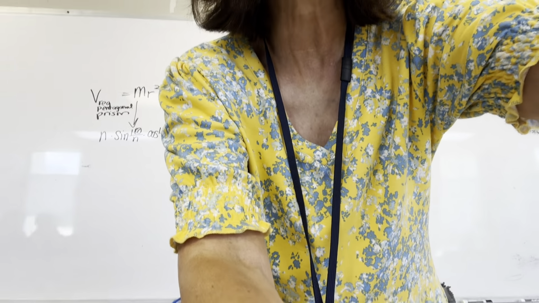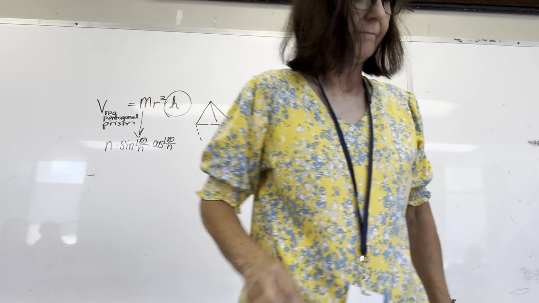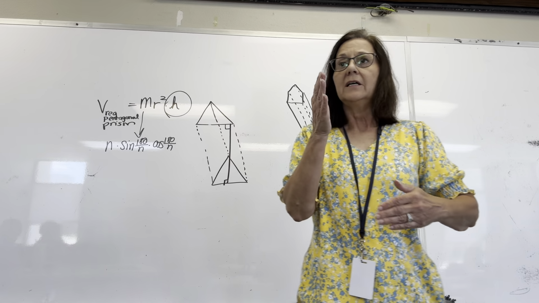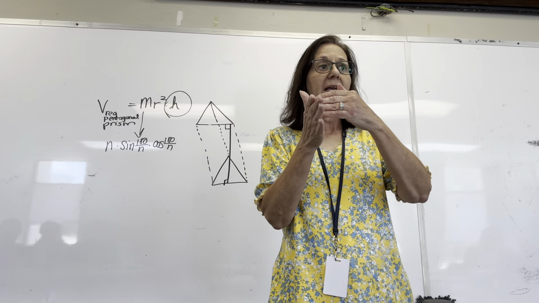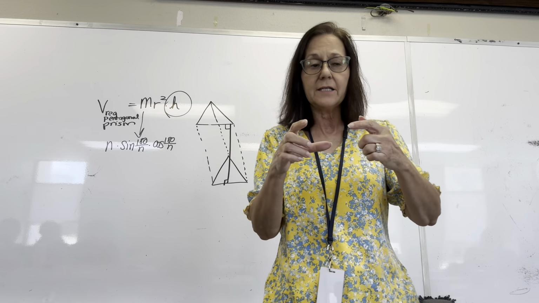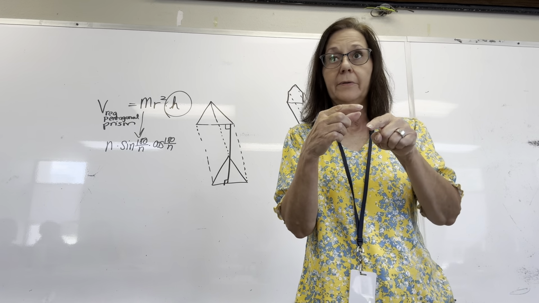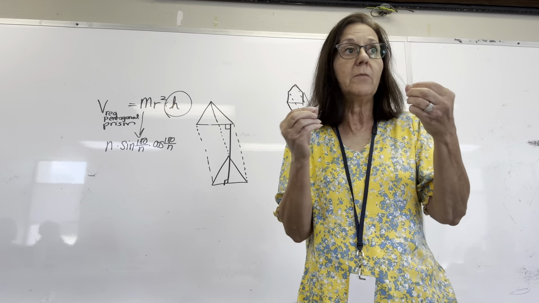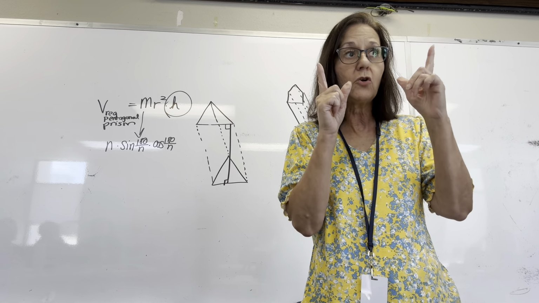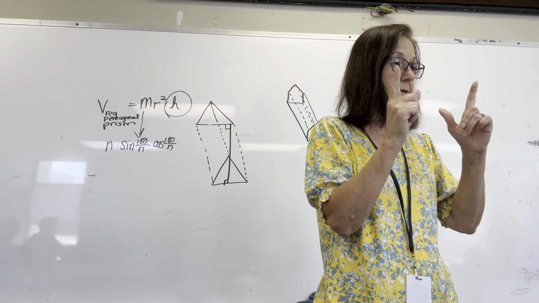All right, so I'm going to say those words. Got it? A cross section just simply says I intersect a solid with a plane, and what shape do I see when I pull them apart? Got it? That's cross section.